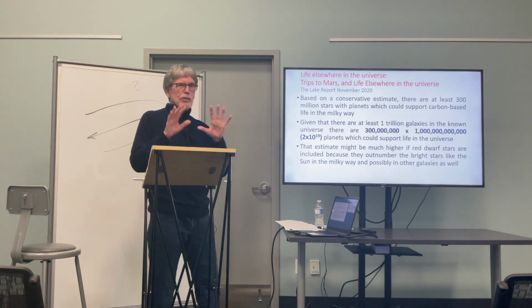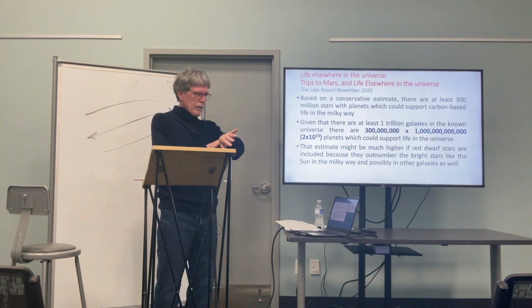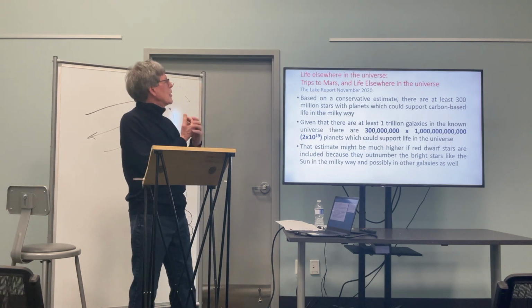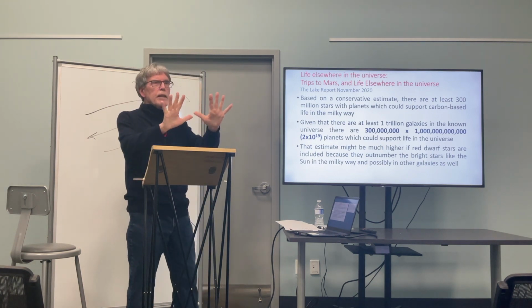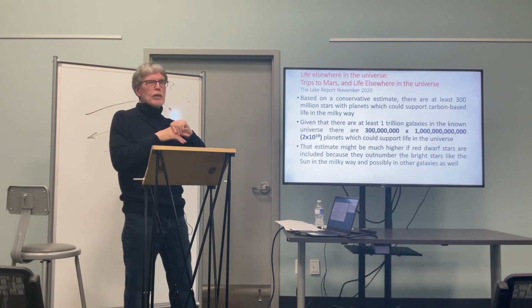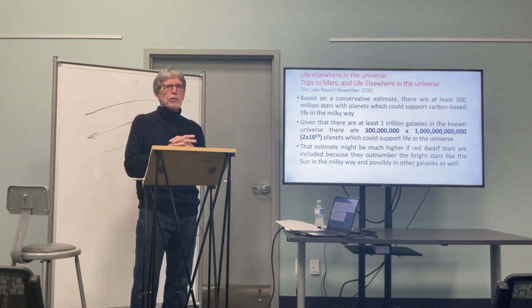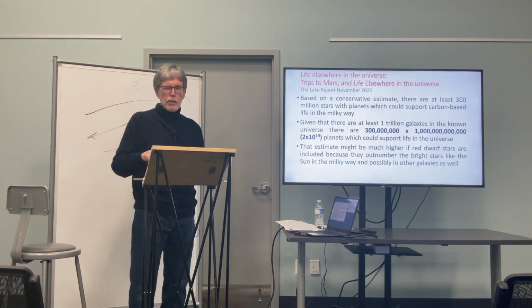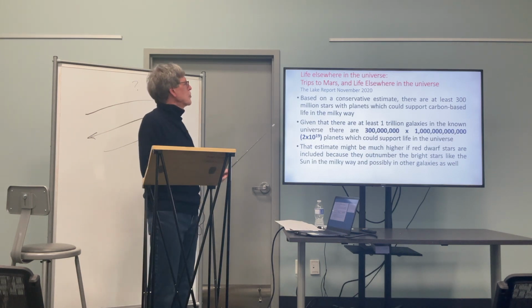Now, we'll finish off right here, and then we can talk to some questions, because this leads right into next week. What is the chance of life elsewhere in the universe? Well, as far as I'm concerned, it's very, very likely. Just look at the numbers.